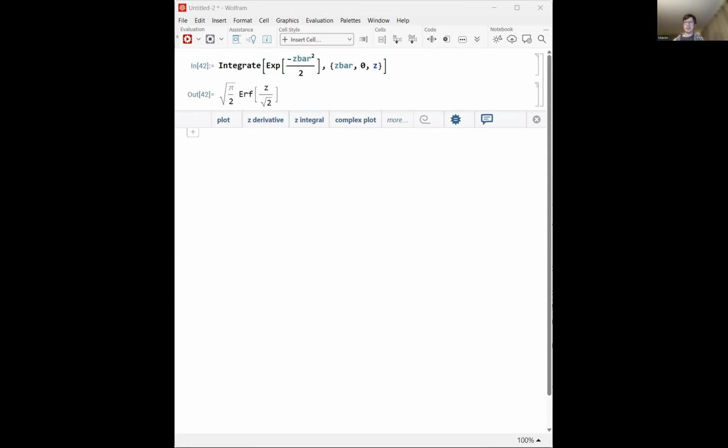That's the general solution to our diffusion problem. And we're going to be able to use this to answer questions about how fast treatments spread into materials.